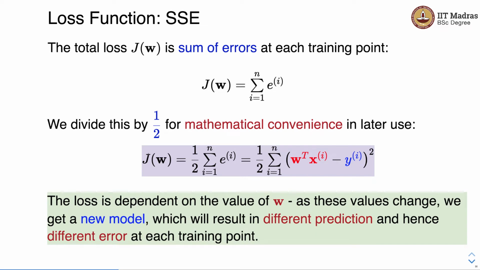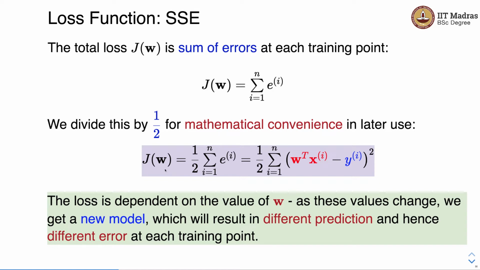So you can see that the loss is actually dependent on W. So the loss, in other words, is function of W, that is the weight vector. You can see that as you change the weight vector, we get a new model, and because of that, we get a new prediction. And due to this new prediction, we might get a different error at each training point. And when we sum across all training points, we will get possibly a different loss.